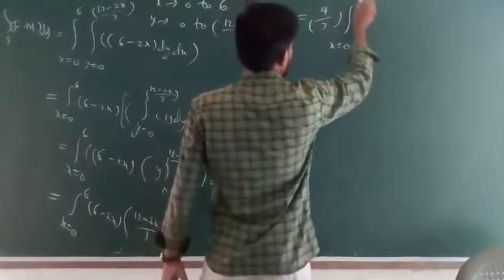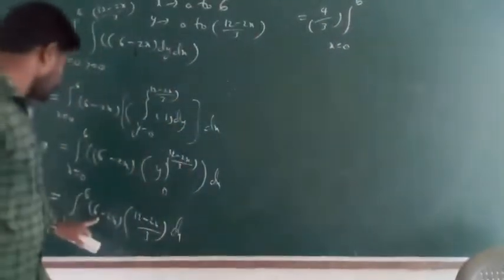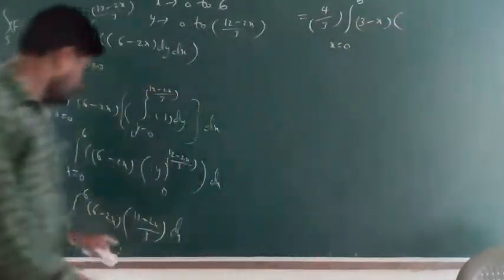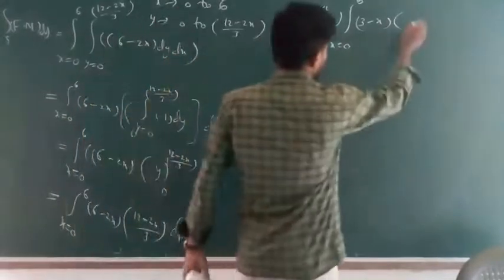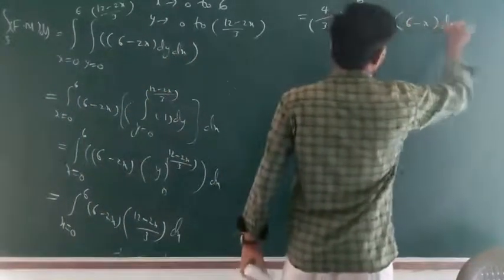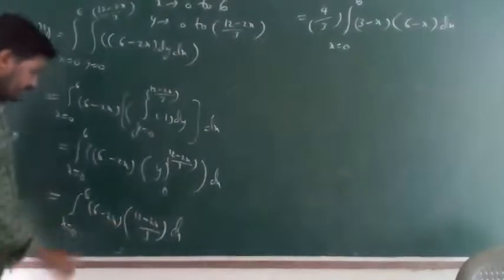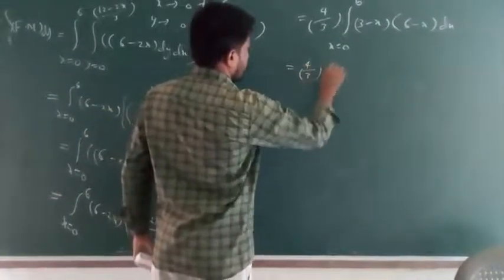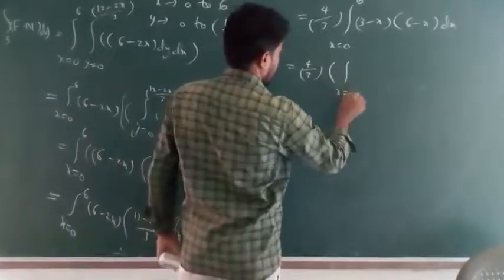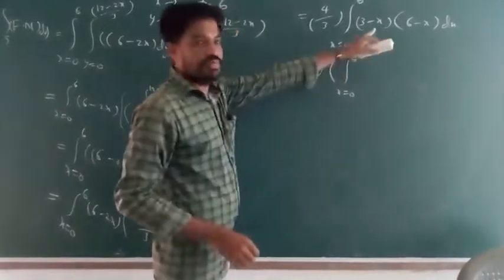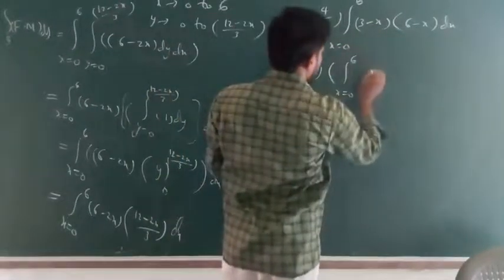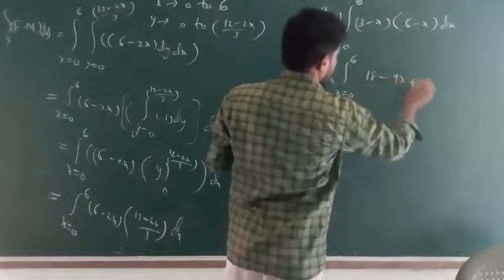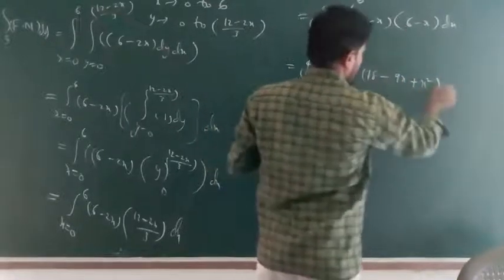So the final is 4 by 3 times the integral over x from 0 to 6. Multiply these two terms: 18 minus 3x minus 6x, which is minus 9x, plus x square.